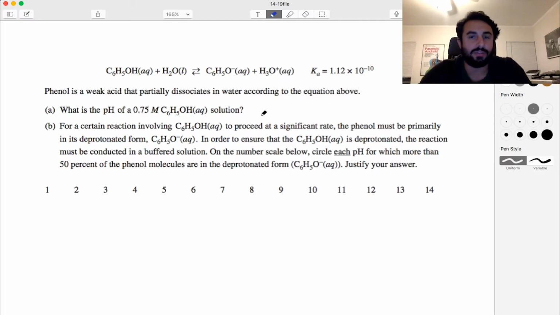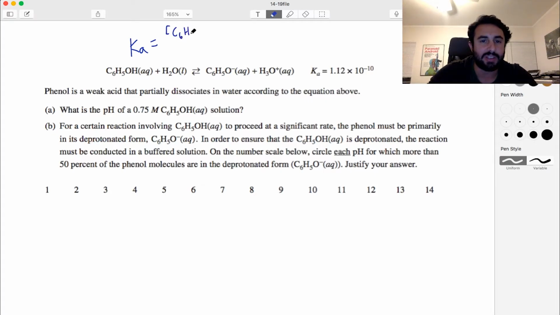So this is a very, very straightforward calculation regarding Ka. What are we going to do here? We've got this equilibrium and we've got a Ka. What is Ka telling us? Remember, Ka, as with any other equilibrium constant, gives an expression with products over reactants.